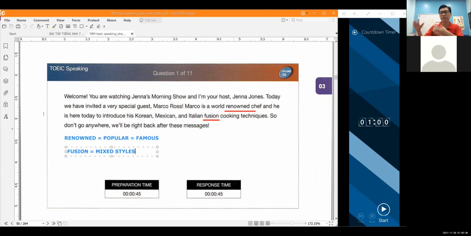For example, you combine a Vietnamese cooking technique with an American cooking one to make a new one. Fusion, combination.